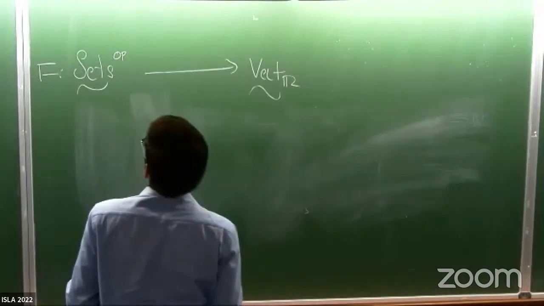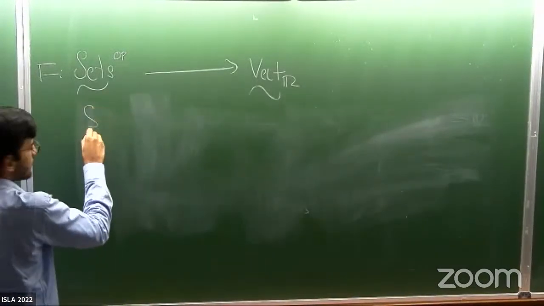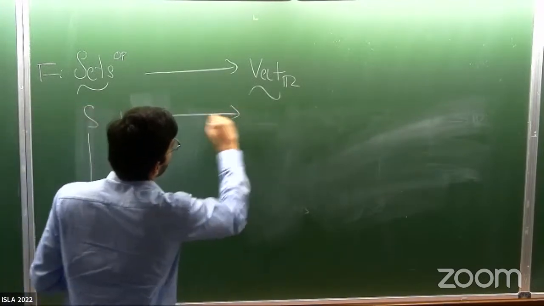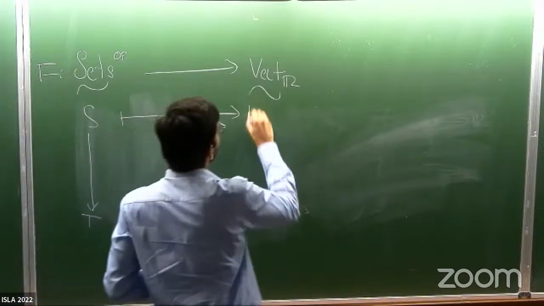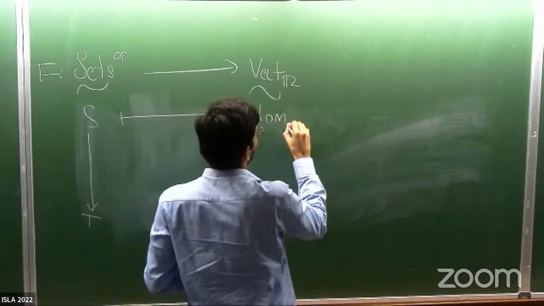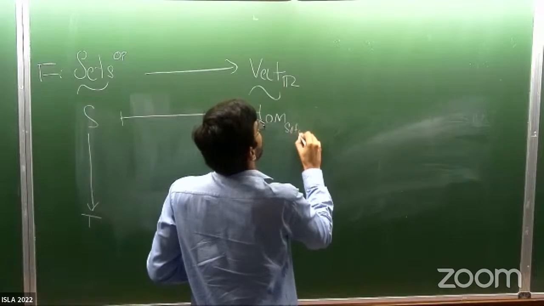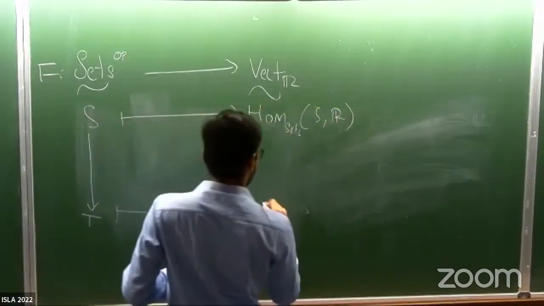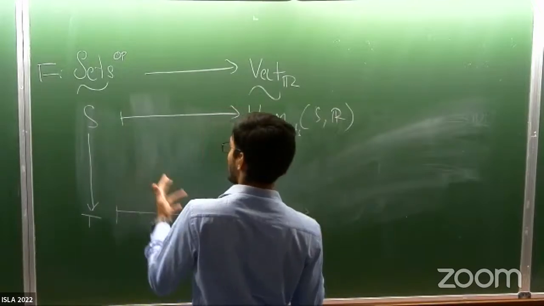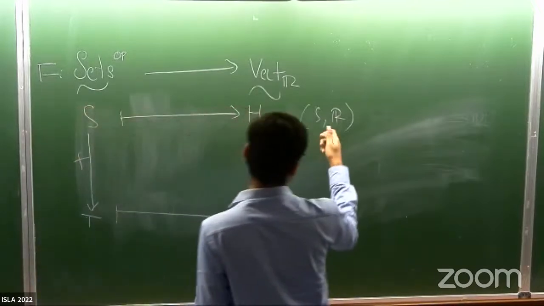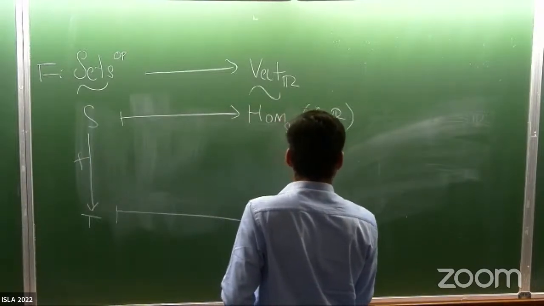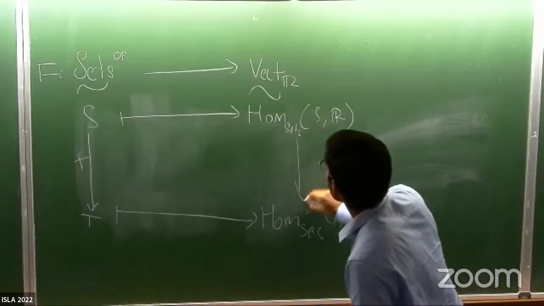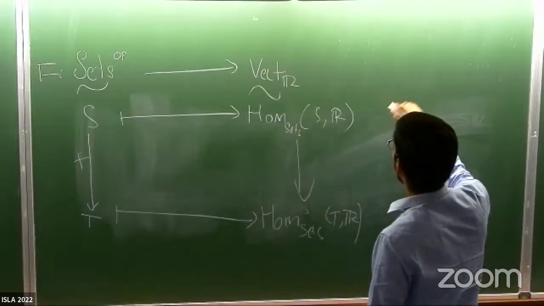You begin with S to T, and you map still Hom sets from S to R, but you can possibly define a map in the same direction from T to R. That same direction map is as follows.